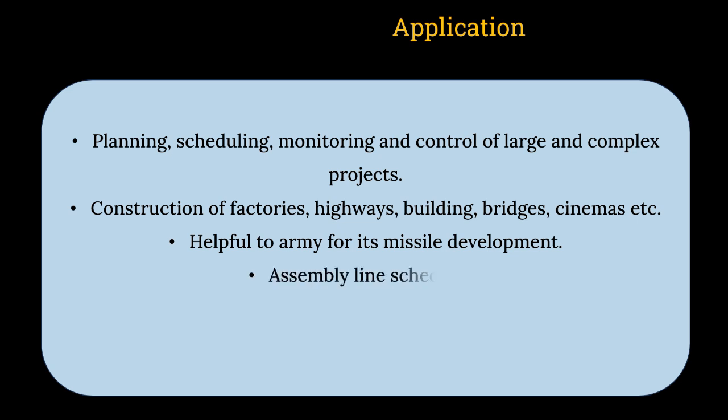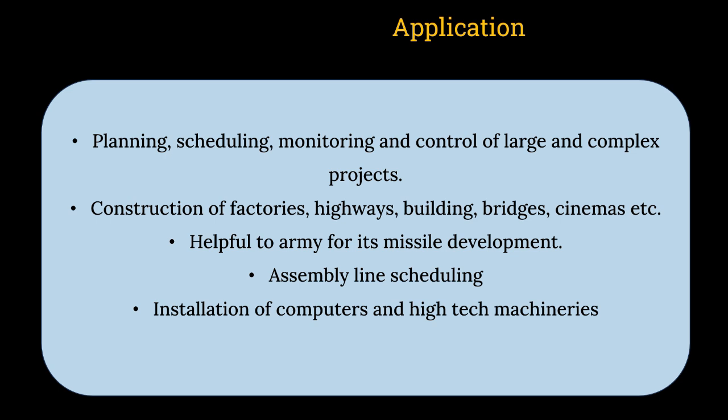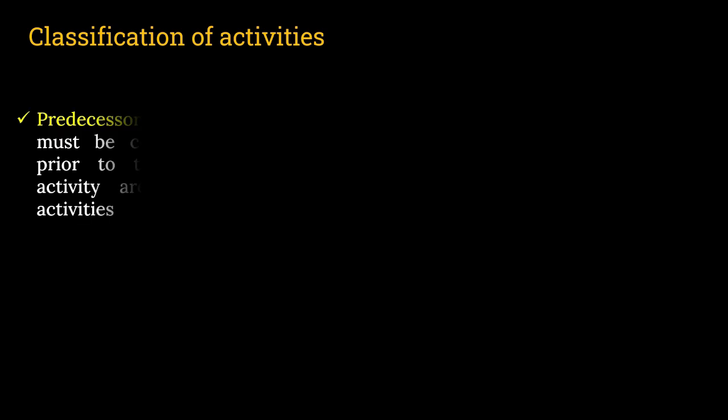Very important for that. Assembly line scheduling is also possible. Installation of computers and high-tech machineries, and making marketing strategies, etc. Now we'll go for classification of activities.